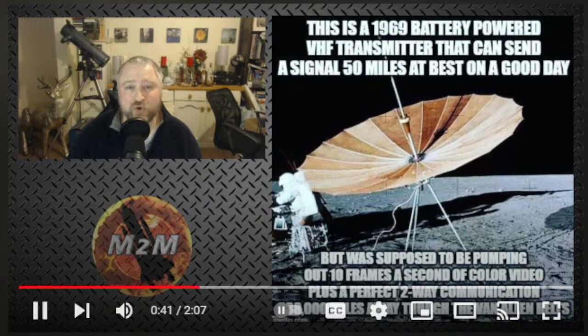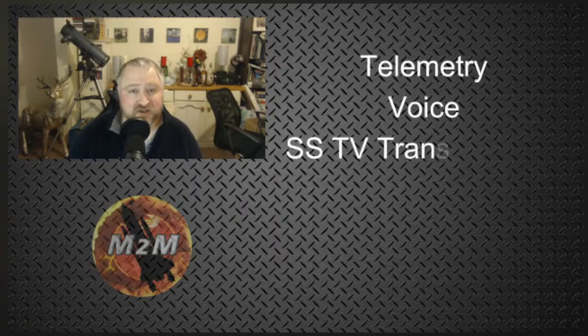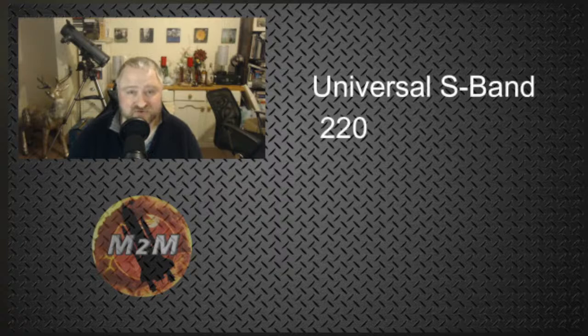They used a band called Universal S-band, or USB for short. And no, it's not the USB that you might be familiar with on your device you're using now. Universal S-band, as the name suggests, unifies telemetry, voice, and slow scan television transmissions on a single band, and worked on a frequency range of 2200 to 2290 megahertz.